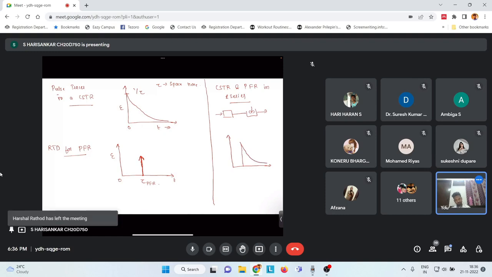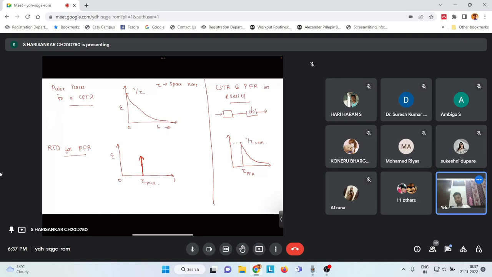This will be your tau PFR and this will be 1 by tau CSTR, right?